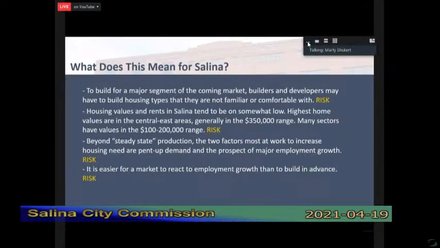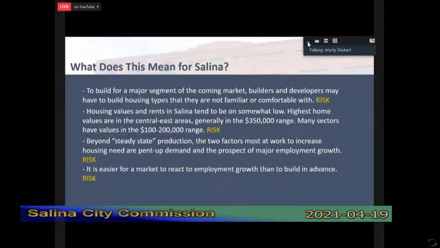And the kind of comfort level construction of building single-family detached houses on 8,000 to 10,000 square foot lots and even larger just isn't going to produce what we increasingly need. We know in Salina that values and rents tend to be relatively low, but construction costs don't necessarily follow suit, so that increases gaps.